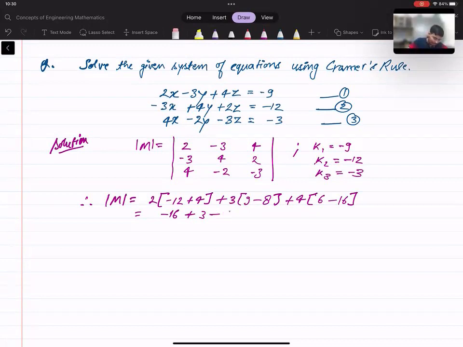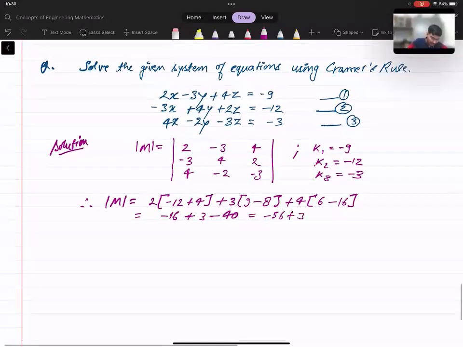So this will be minus 56, minus 56 plus 3. So this will become minus 53.